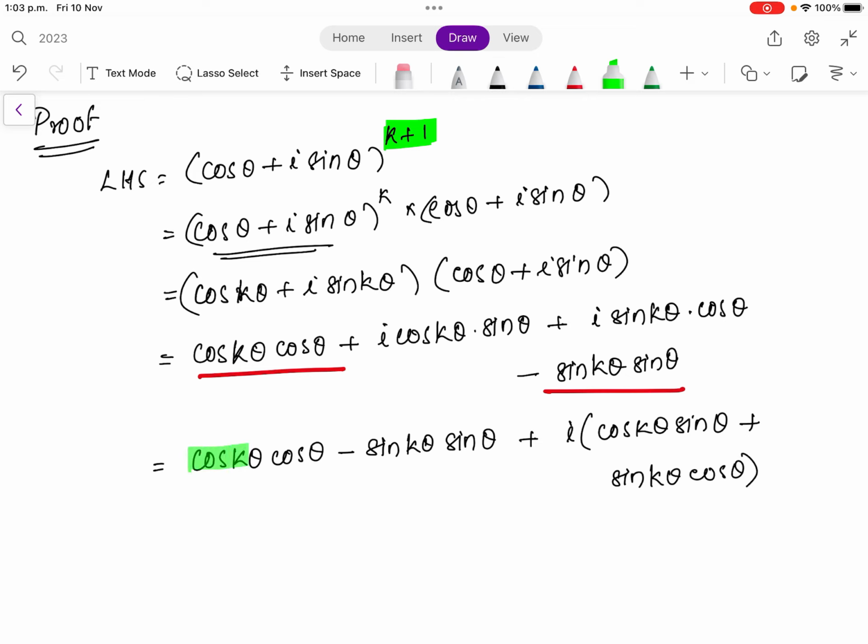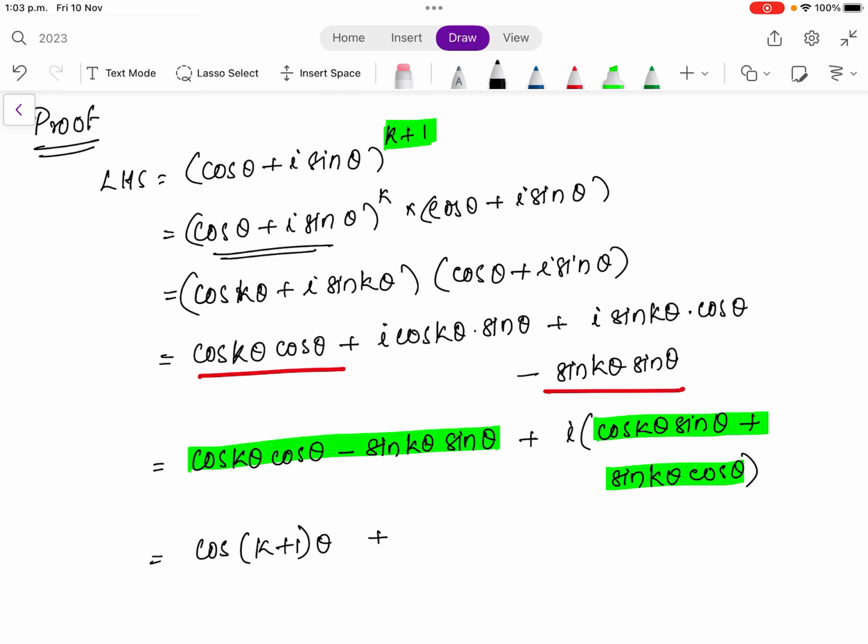Now if you see this first part, it is nothing but cos (a plus b), so it is cos (k plus 1) theta. And if you see this second part, it is nothing but sin (k plus 1) theta. This is from the identities for cos (a plus b) and sin (a plus b).